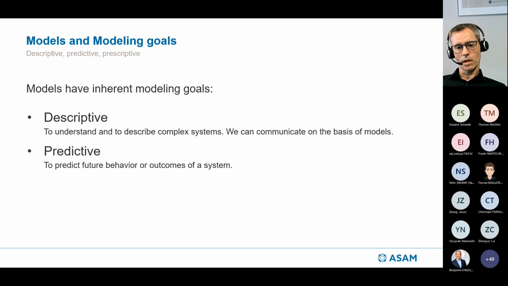We probably have predictive models, which help us to predict the future outcome of a system. For example, a weather forecast. We have weather models where the model makes the experts able to forecast the weather for the next couple of days and even weeks. Predictive models are also very popular in simulation.